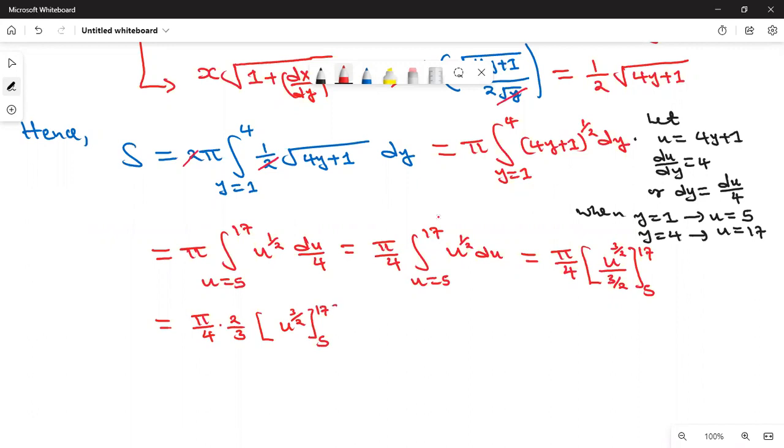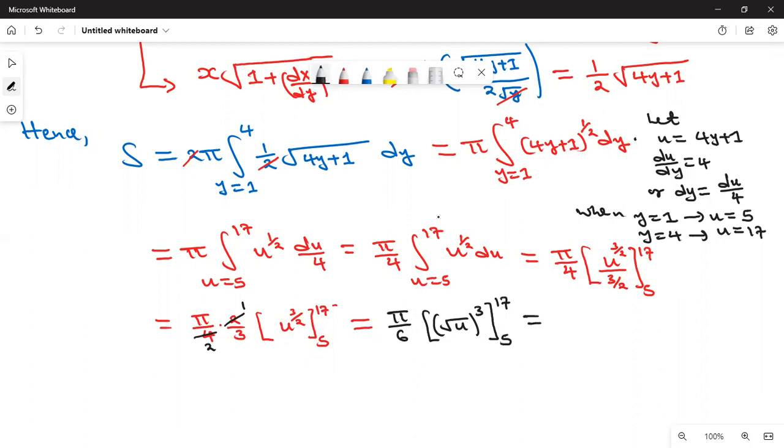That's what we have. Now you can plug in the limits of integration. Remember, if I simplify, this will go here 1, this will go here twice. So it's like we have pi over 6 times root u cubed from 5 to 17.